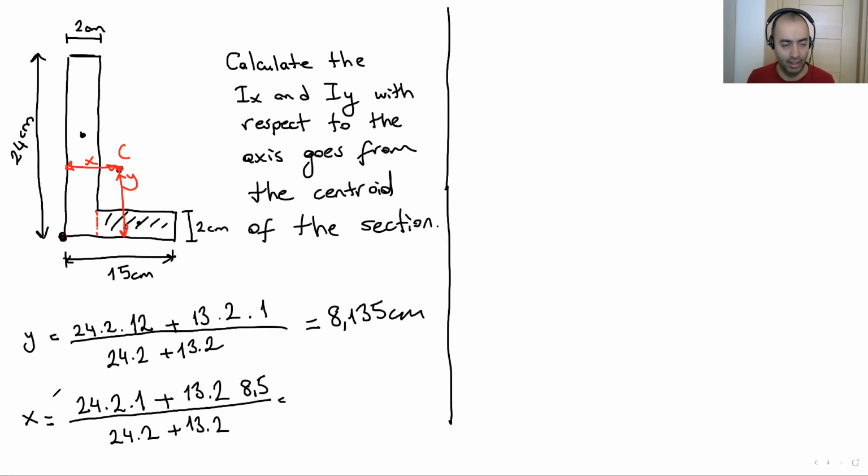You don't have to do it like this. You can use our method, table method, to calculate centroid. That's okay. It depends on you. I'm just doing this fast method here.